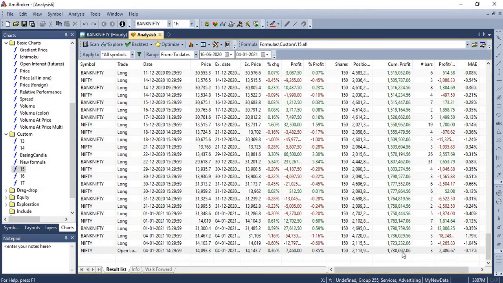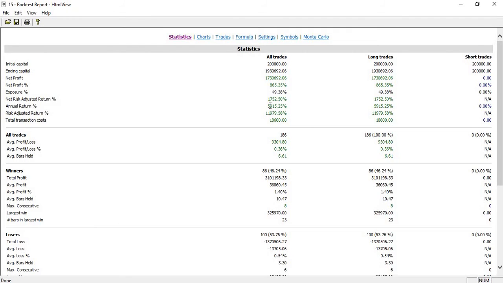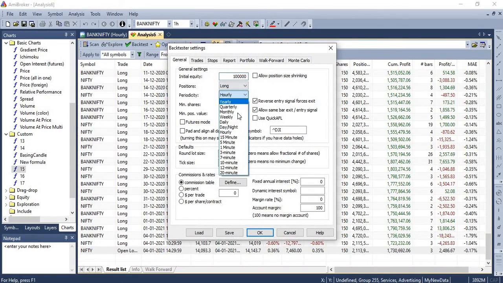So if you look at the results, this strategy generates approximately 17 lakh profits on a capital of 2 lakhs in 6 months. So if you open the reports, you will be able to see this strategy is giving an annual return of 6,000%. So I'm going back to the back test and I'm switching the time frame to 15 minutes.